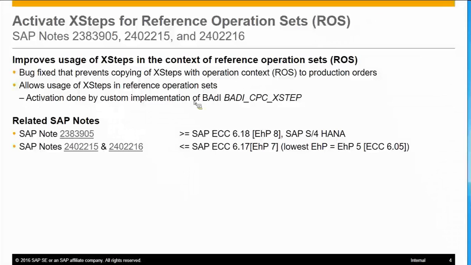and therefore we are able to provide one note, this note 2383905, for bug fixing and activation of the XStep functionality for releases that contain Enhancement Package 8 and SAP S/4HANA on-premise.